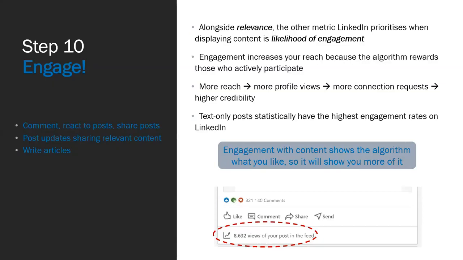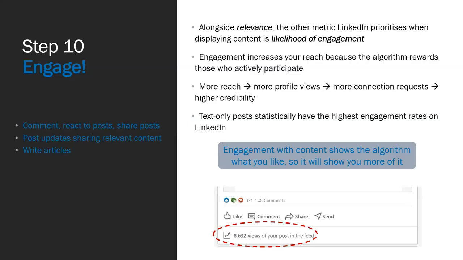I just want to point out here that I have less than 600 first degree connections, so these are not just my connections. What LinkedIn actually does is show your post in the timeline of every person who reacted to it, liked it, or commented on it. That increases your reach so much that this post got 8,632 views when my network's actually not that big at all.